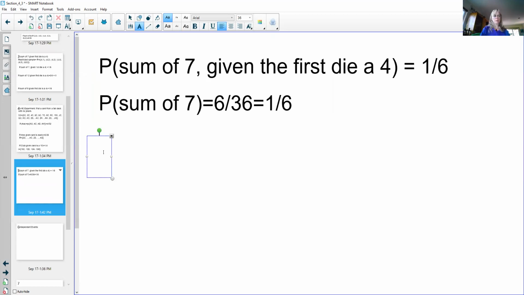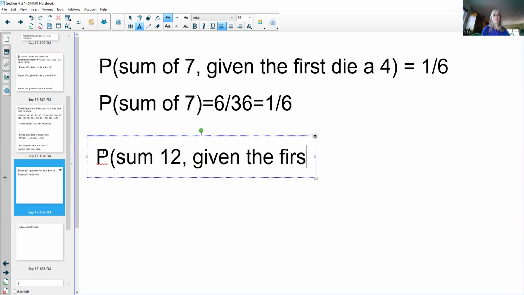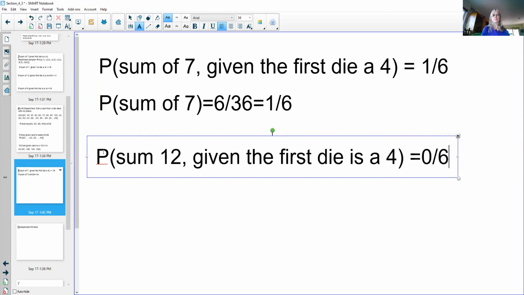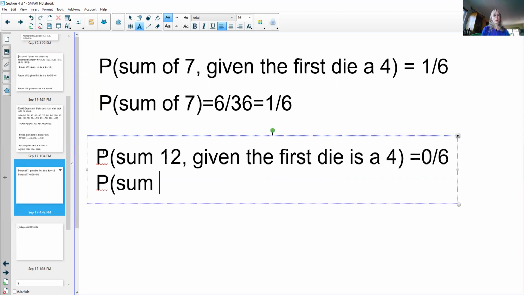But notice the probability of a sum of 12 given the first die is a 4. That was 0 out of 6. And remember, the probability of the sum of 12 was actually equal to 1 out of 36.